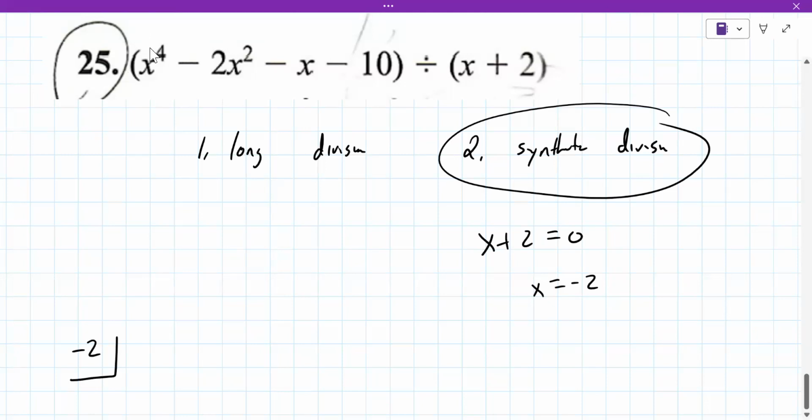1. And then, and this is kind of a trick question, is there an x cubed here? Do you see one? No, and the reason you don't is because there's a 0 in front, and 0 times anything is 0. So here's your 0 for that. -2 for the x squared. -1 for the x.